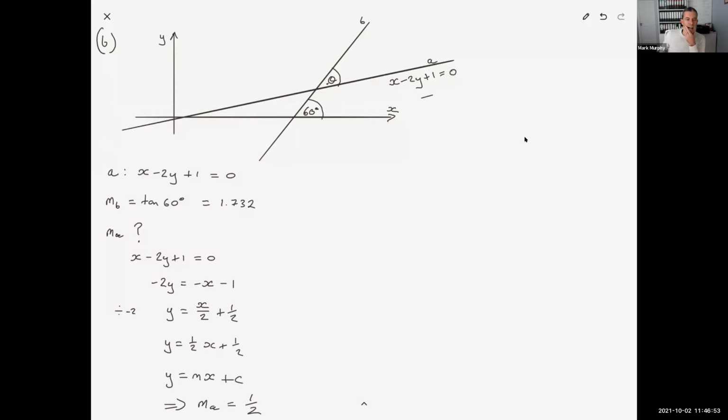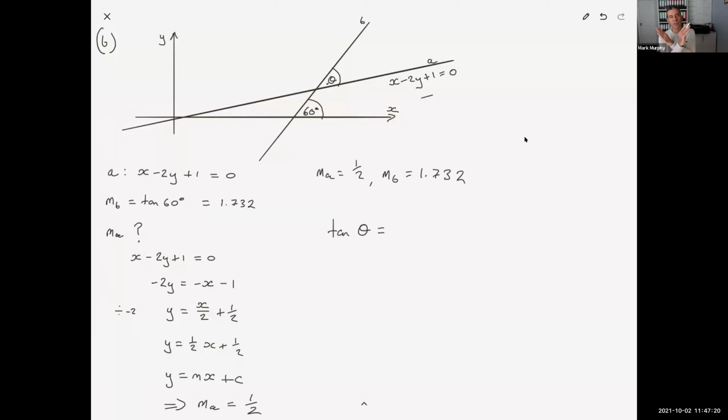Now we have the slope of that line, and we have the slope of B. So we have the slope of B, we know is 1.732, so I'll write it out again. M of A is equal to a half, and M of B is equal to 1.732. Now we must go back and remember the angle between the lines formula. We go back to this, tan of theta, the acute angle between two lines.